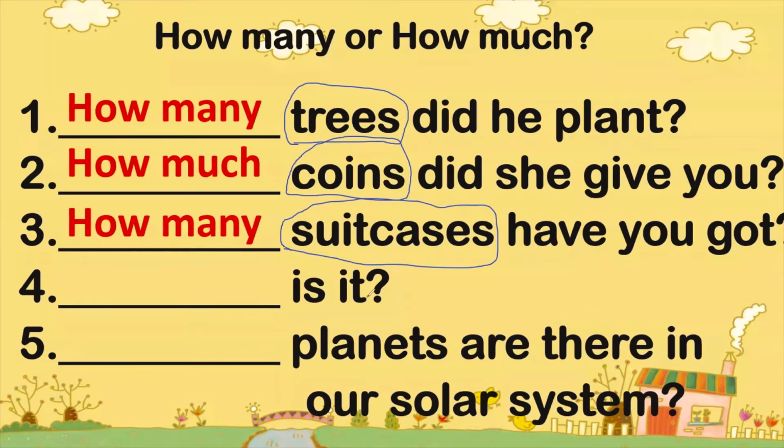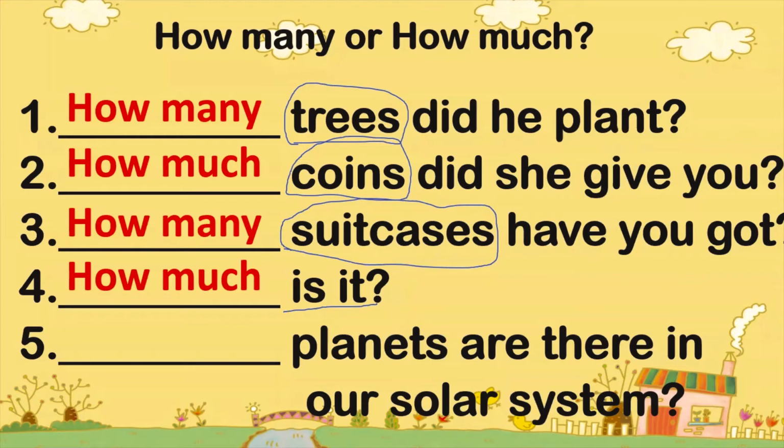Okay, now let's try this one. Blank is it? When you are asking, how much is it, or how many is it? Which is right? We are going to use how much is it?